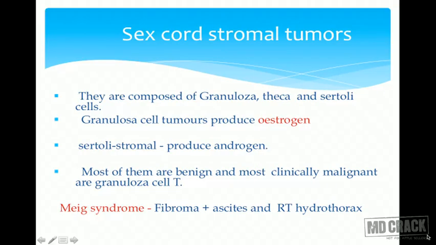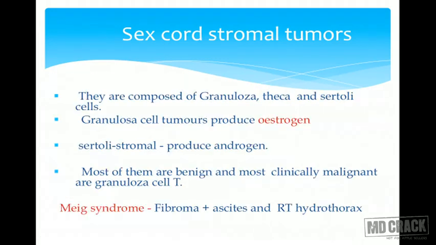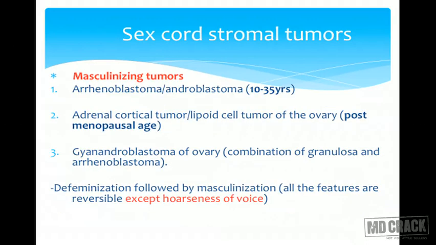Meigs syndrome is seen with fibroma plus ascites plus right hydrothorax. Sex cord stromal cells can have masculinizing tumors as well as feminizing tumors. So if they secrete androgen, the patient would have features of masculinization.